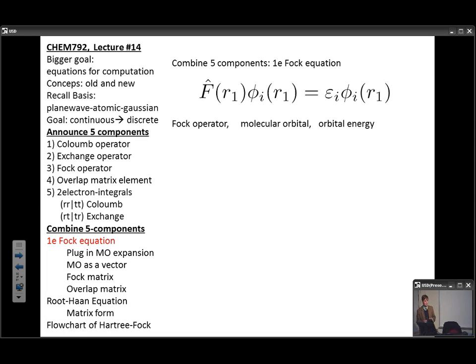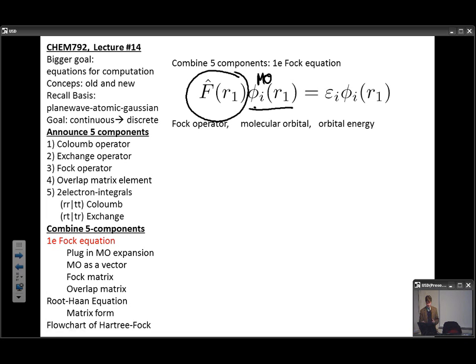Okay, so it is what we were talking about all the time. We do have a Fock operator. We act with this Fock operator on one function, a one-electron molecular orbital, which is unknown by now. And we process it as an eigenvalue equation.